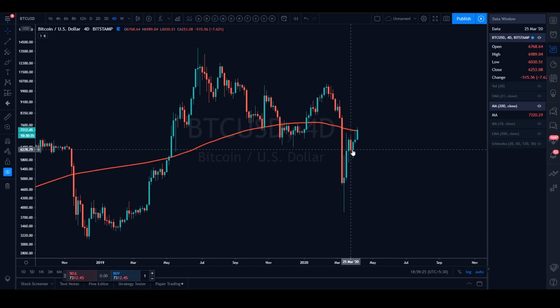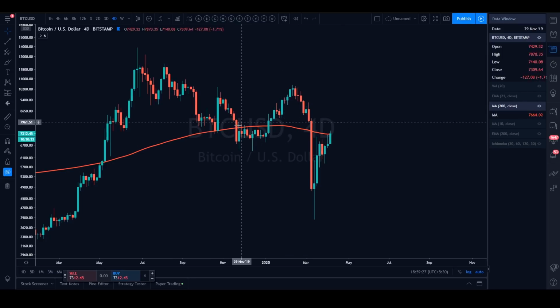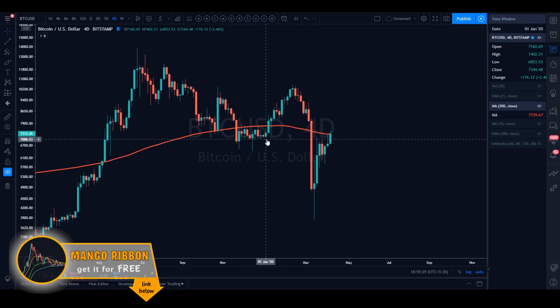Now, I want you to notice how price has reacted off of that 200 simple moving average. I believe this is a very good level of reference for price. Price relative to this 200 simple, I find, dictates the next trend to watch out for. When we broke it here, we consolidated underneath it until we took it out, and as soon as we took it out, we had a further push to the upside.